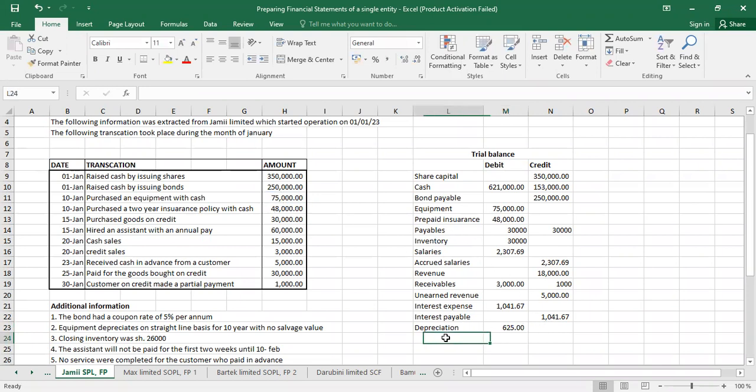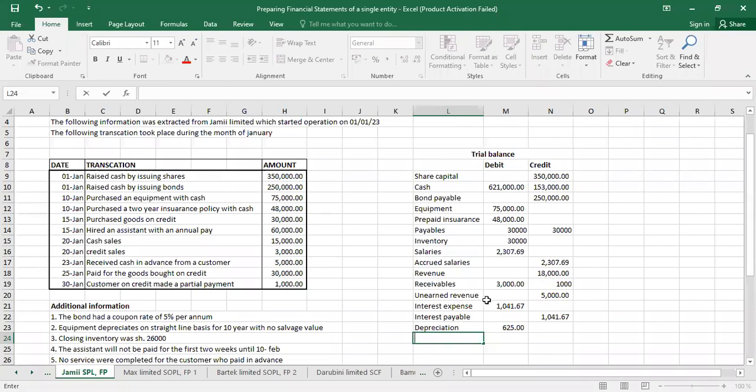So, what account are we going to? Here, you can decide. I told you accumulated depreciation is a contra asset, it reduces the equipment, isn't it?